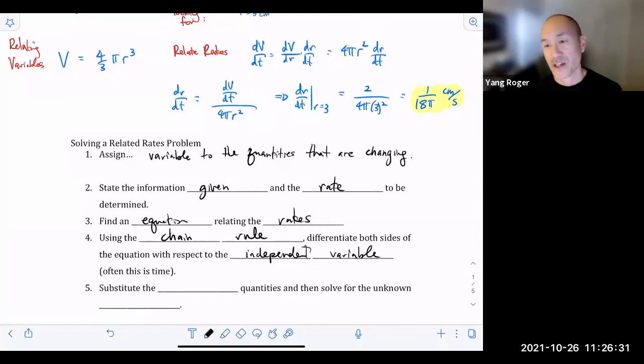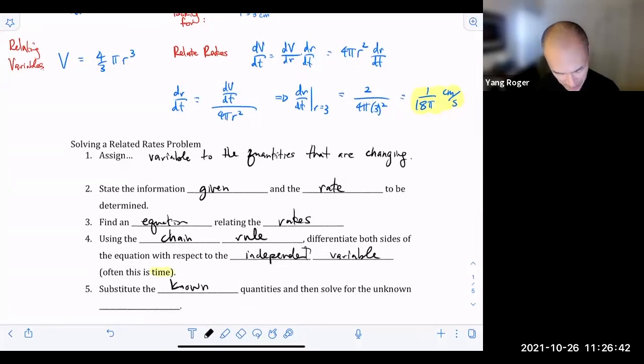And for us, it's almost always time t in this section. Okay. Finally, you want to substitute in the known quantities and solve for the unknown rate. This is basically how all of our problems are going to work.